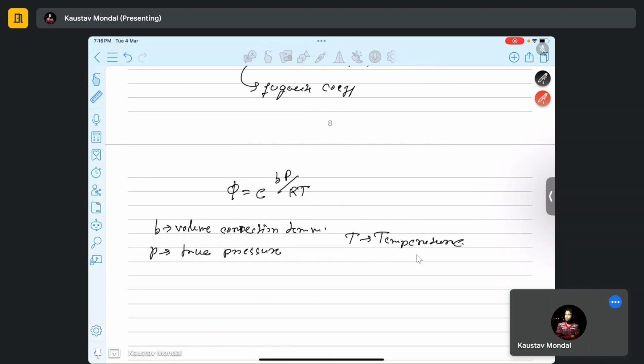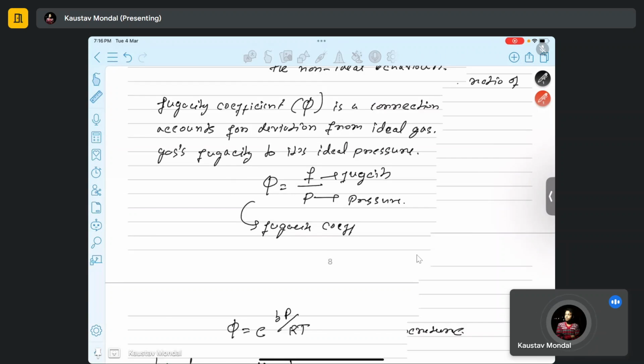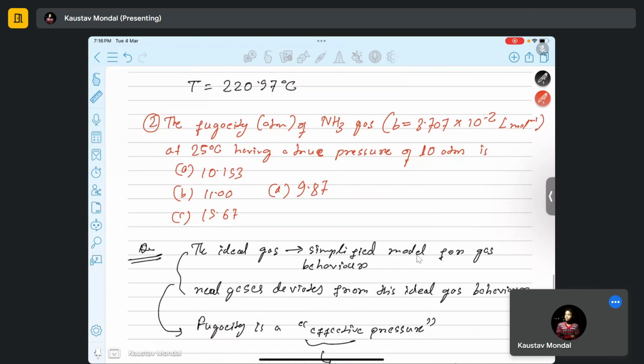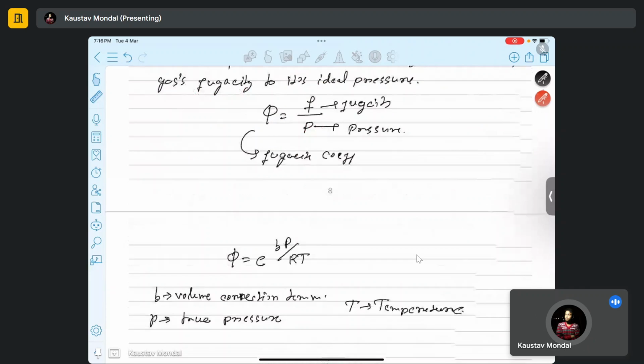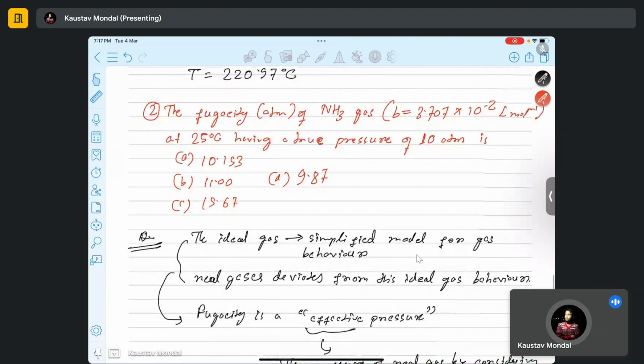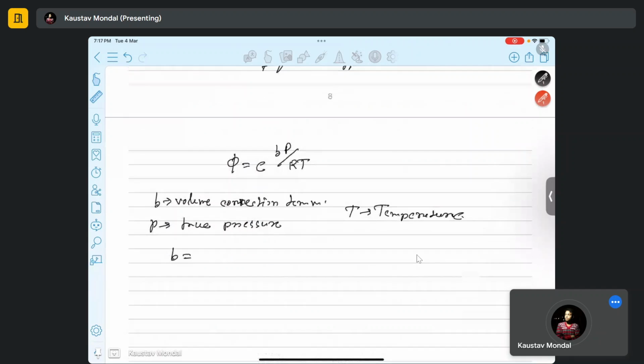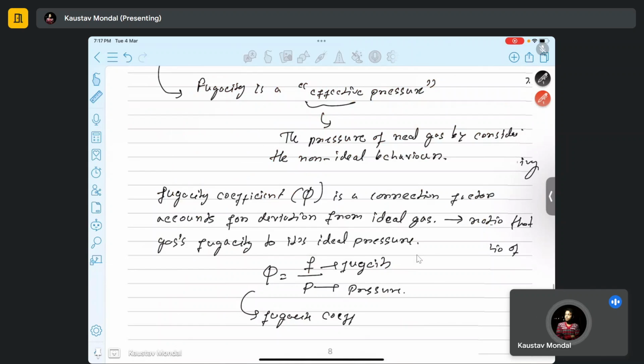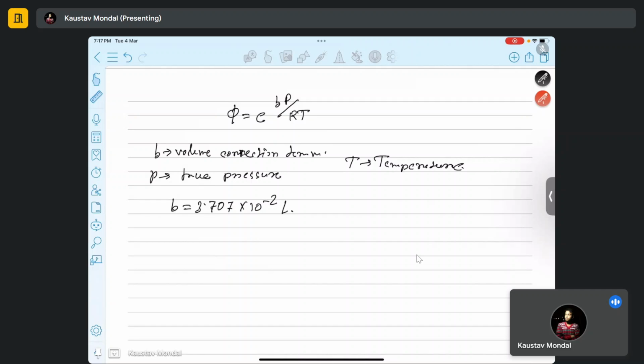Now in the problem, every value of B, P, R, T is given, right? B value is given here, 3.707 into 10 to the power minus 2 liter per mole.